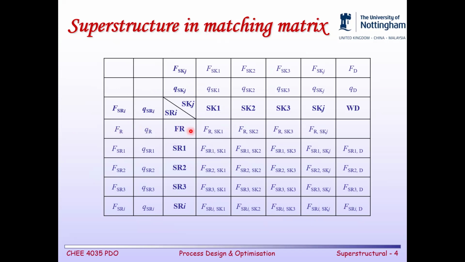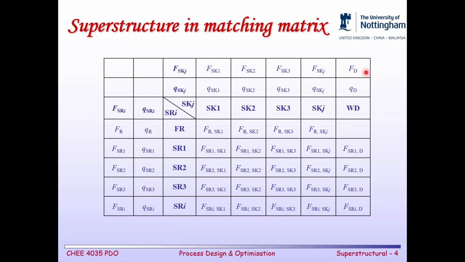As you will notice, there is an additional stream here, FR, which refers to the freshwater stream. And also, the first column refers to the water sources, and the row refers to the water sinks. F would refer to the flow rate, Q would refer to the quality.